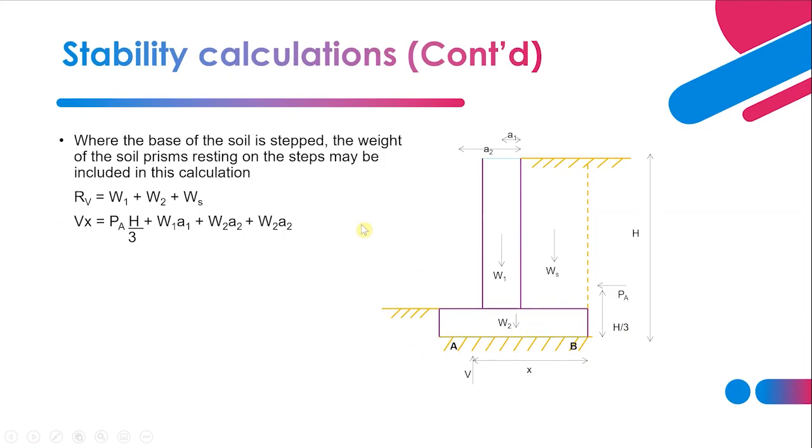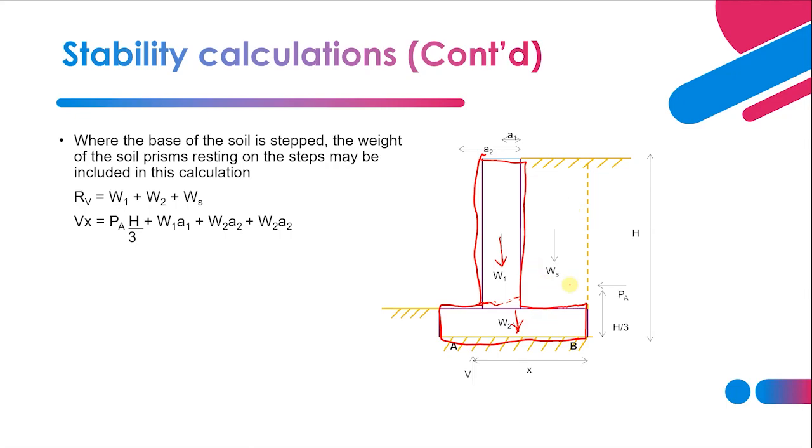Kalau yang this one, this is step type of retaining wall. This step type, okay, as you see, because you nak kira area, it is much easier you kira for one area retaining wall than this one. Jadi this is the retaining wall, divide into 2, so W1 and W2.